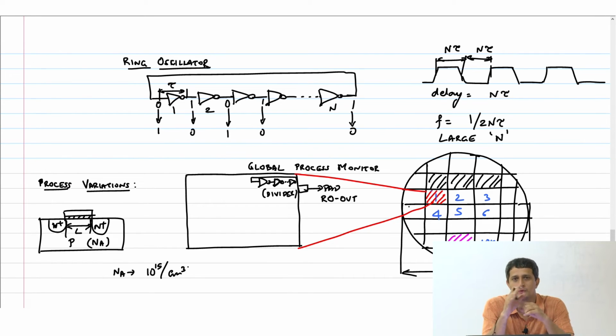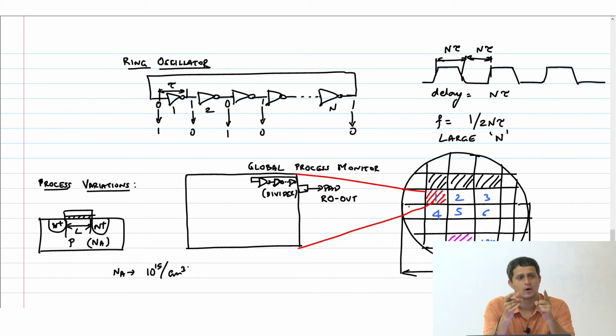This is a typical dopant concentration. So I am asking you how many dopant atoms are there under the channel? Order of magnitude. Yeah? Like just say 10,000, 1 lakh, million, 10 power 6, right? Okay.